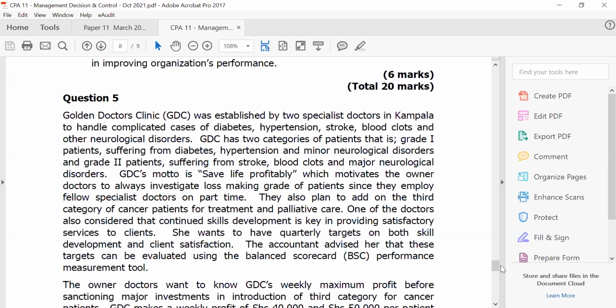Businesses work in resource constrained environments. They don't have infinity in their operations. This could be in terms of space, they have a limited space, or maybe a limited number of machine hours.